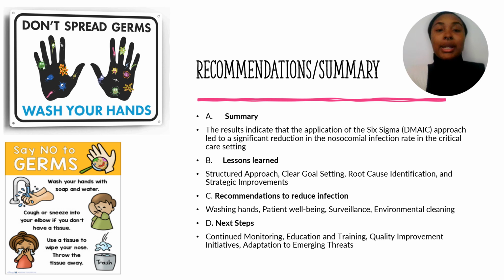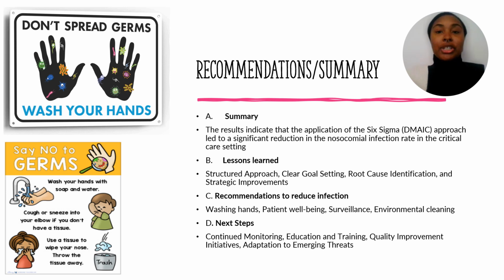Quality improvement initiatives. Continuous quality improvement initiatives can help to identify areas for further enhancement in infection and control practices. This may involve conducting audits, soliciting feedback from staff and patients, and implementing targeted interventions to address specific challenges or gaps. Adaptation to emerging threats.